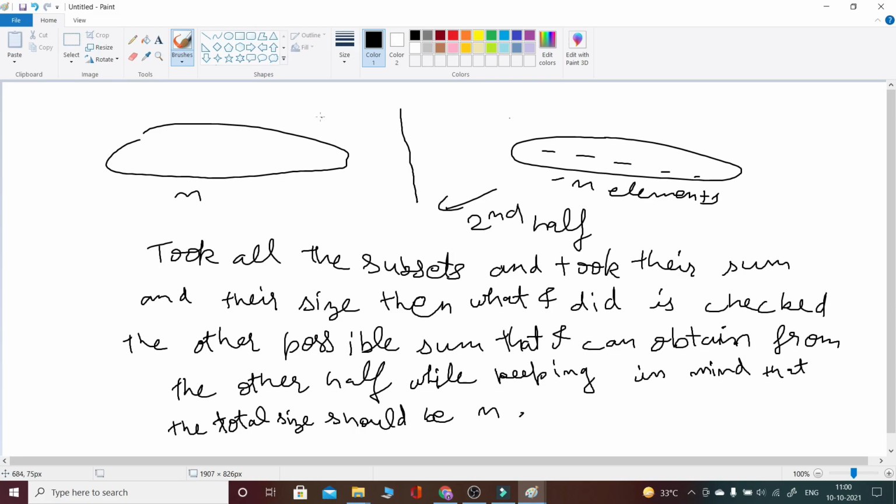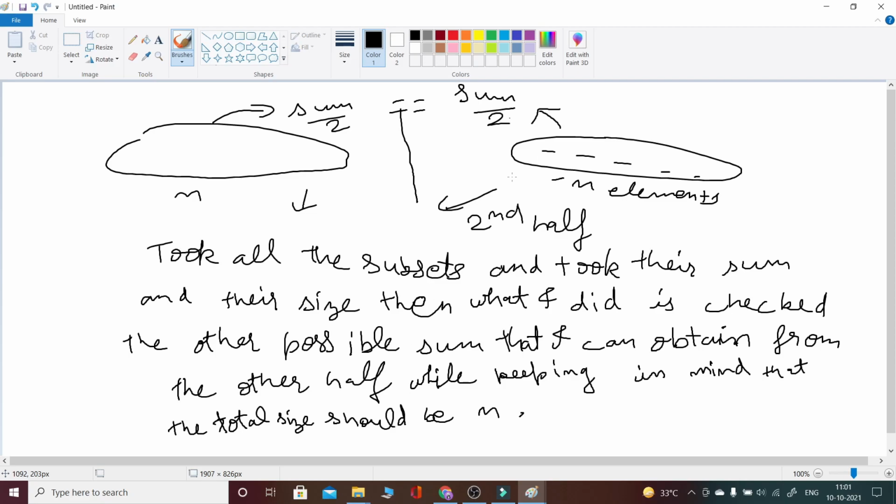You would try to break down the array into two equal halves such that each half should contain total sum by 2. The sum of all the variables should be this. Ideally we want this because we have to minimize the difference, and the minimum absolute difference would be 0. So what we want is the left half should contain the sum equal to total sum by 2, and the right half should contain the sum equal to total sum by 2. So this is our ideal scenario that we want.